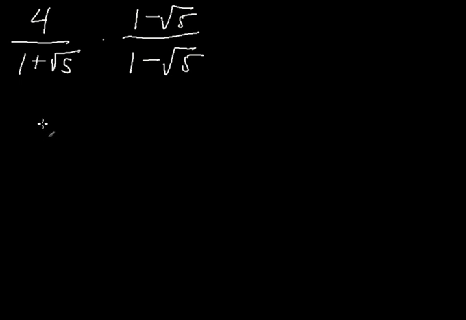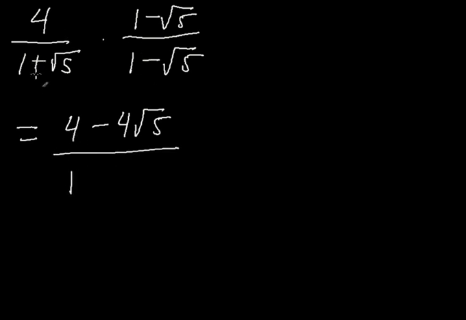Okay, let's distribute it and make sure that this actually works. So 4 times 1 is 4. 4 times negative root 5 is negative 4 root 5. And then we have 1 times 1, that's 1. 1 times negative root 5, negative root 5. 1 times root 5, plus root 5.